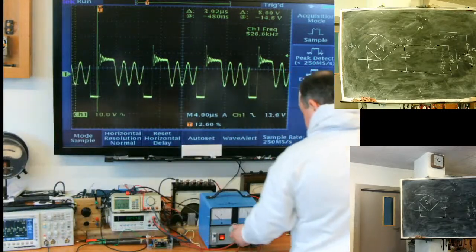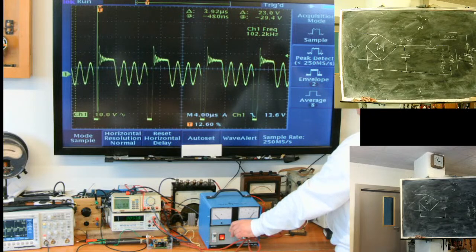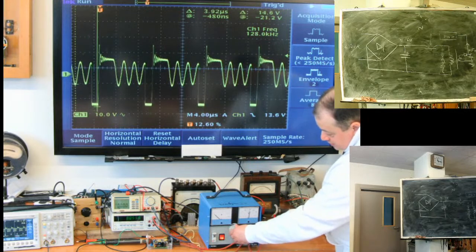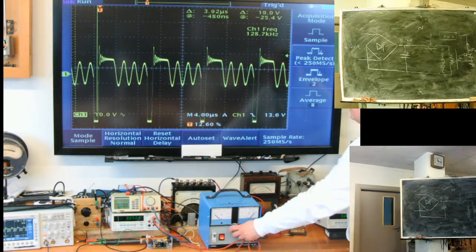Look how it reacts to voltage change. Full voltage, now it's full 300 volts. See the area of the pulse. Half of the voltage, 150 volts. See what happens?